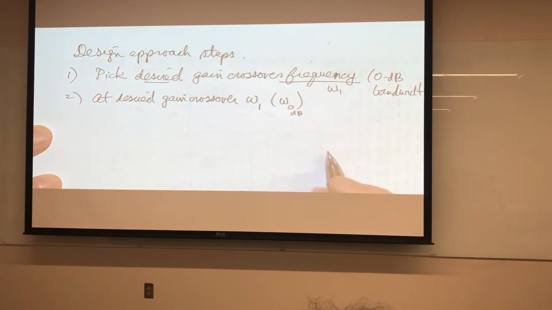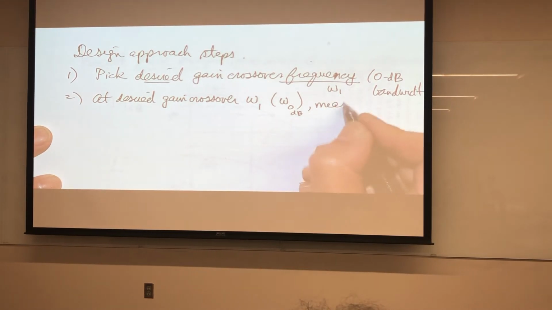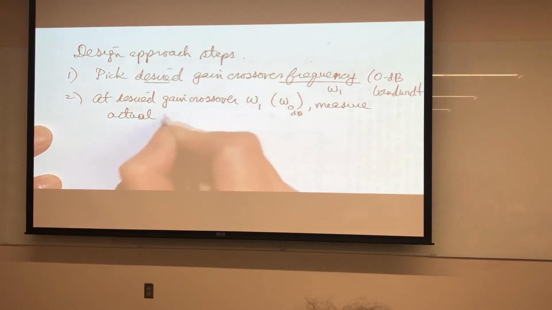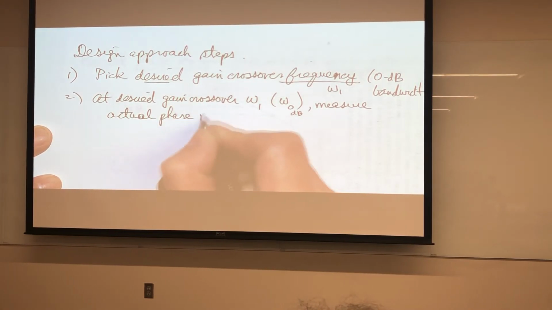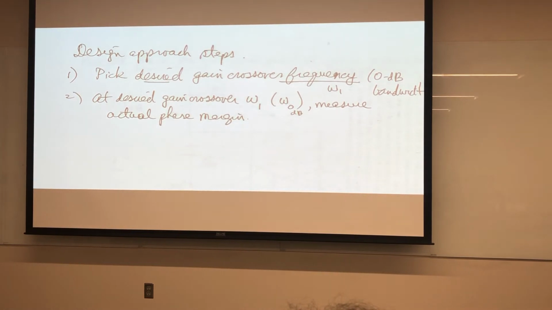Okay, omega 1. So then at the desired gain crossover, see what is the actual phase margin. Okay, you figure out what the actual phase margin is.